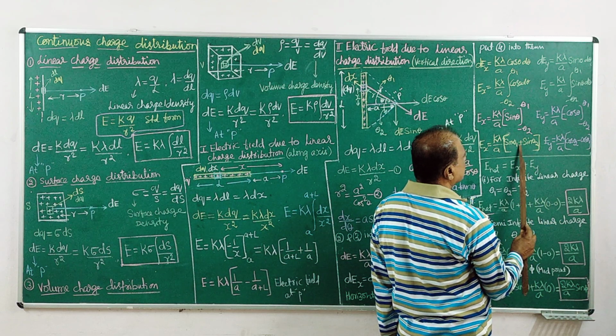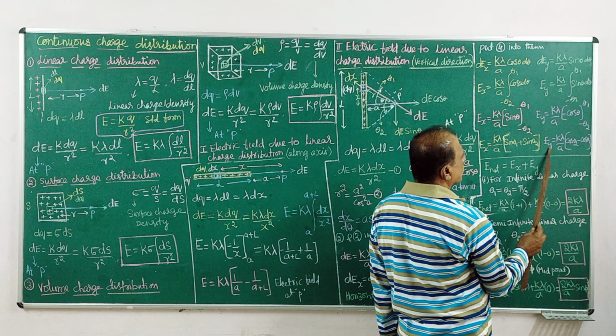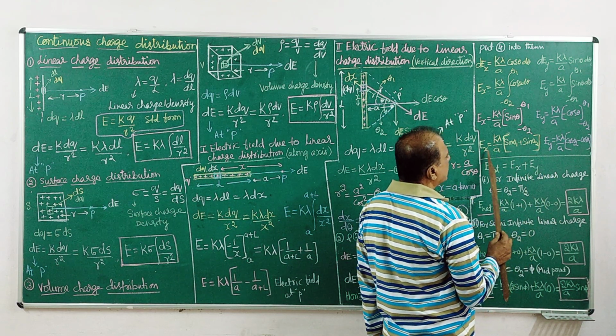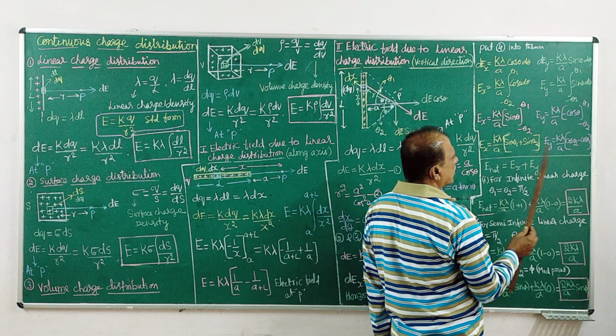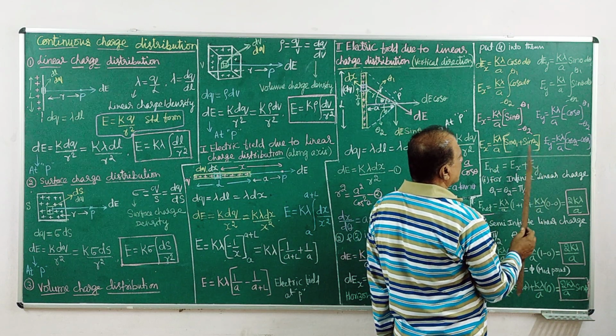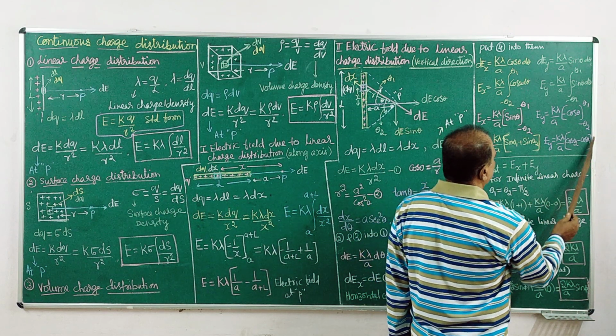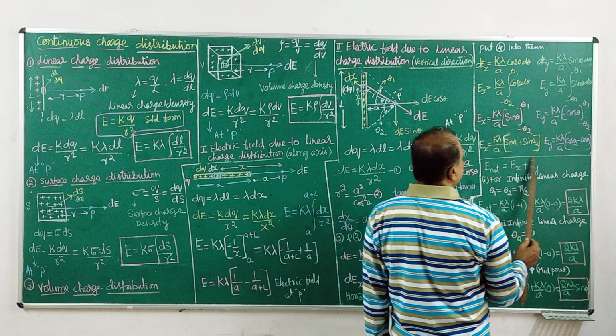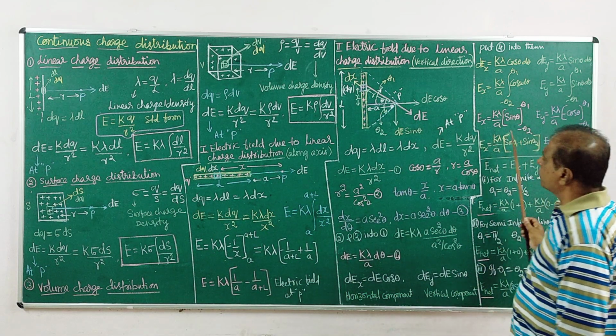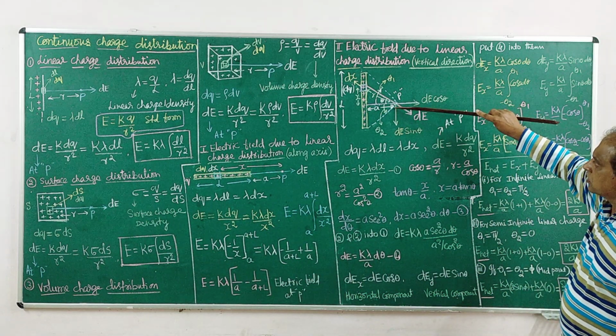This is Ex, this is Ey. This is the component along X, this is the component along Y. That is a mathematical derivation, the integral equation for a finite value at this point.